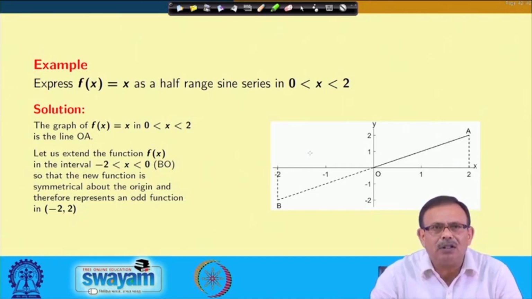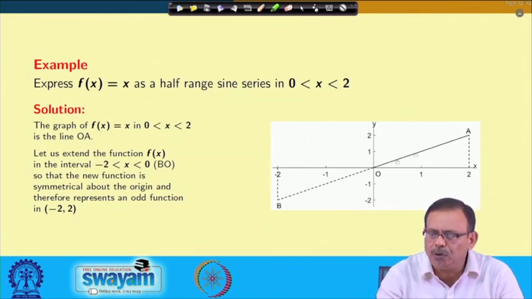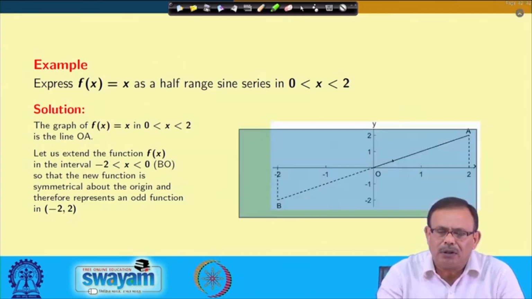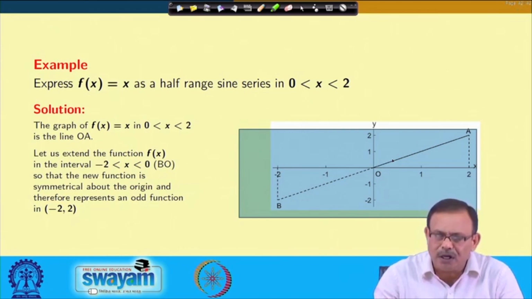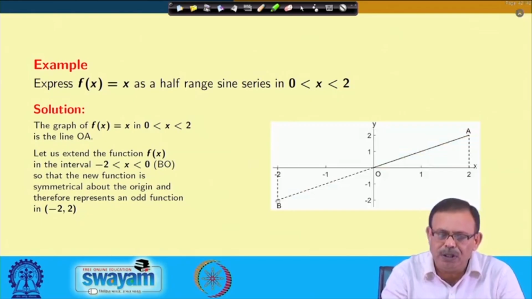Now, here if you see the graph of f x in 0 to 2 is this line, from 0 to A. Now, let us extend this function f x in the interval 0 to B, or in other words 0 to minus 2, so that the function is symmetric about the origin.